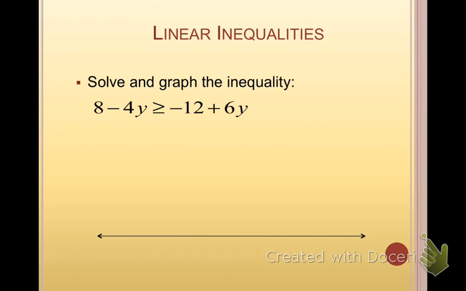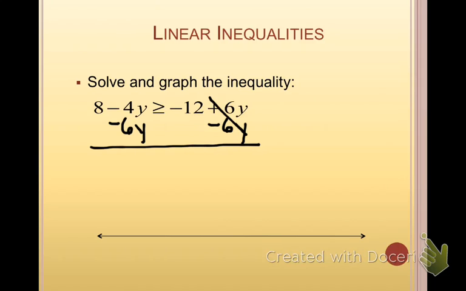Okay, let's look at one. 8 minus 4y is greater than or equal to -12 plus 6y. I need to get all my variables onto one side, so I'm going to bring my 6y over to my -4y by subtracting 6y.